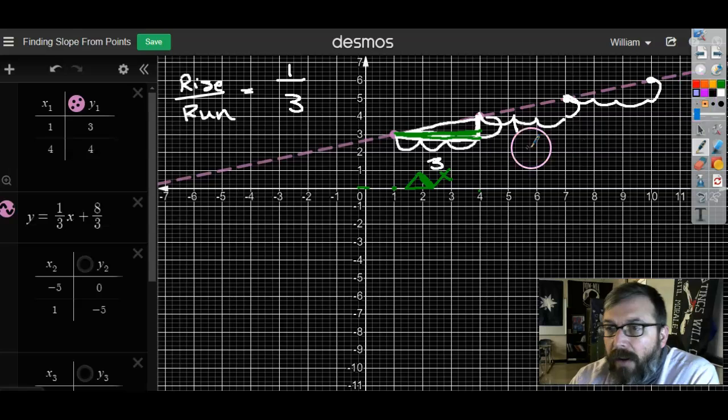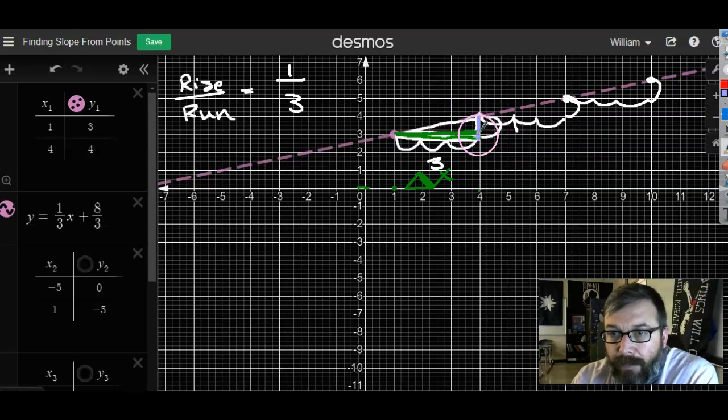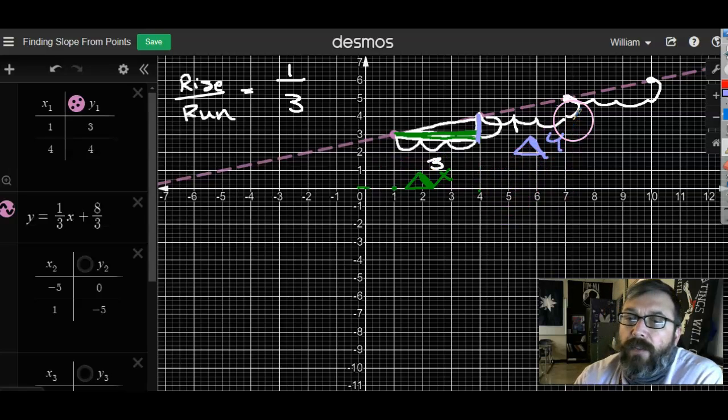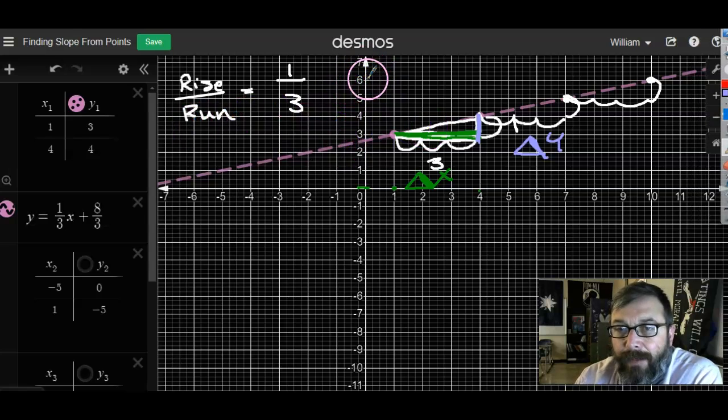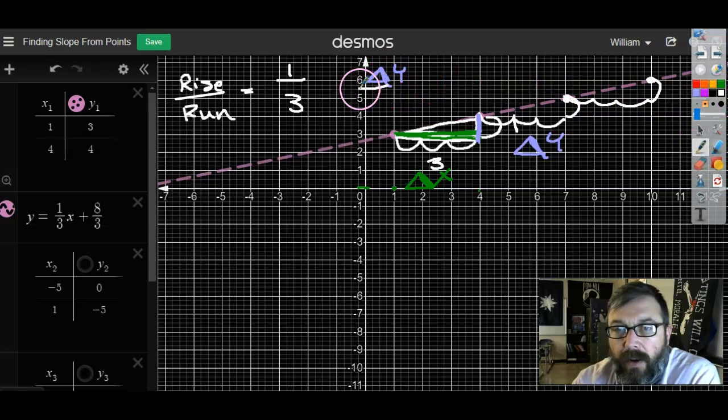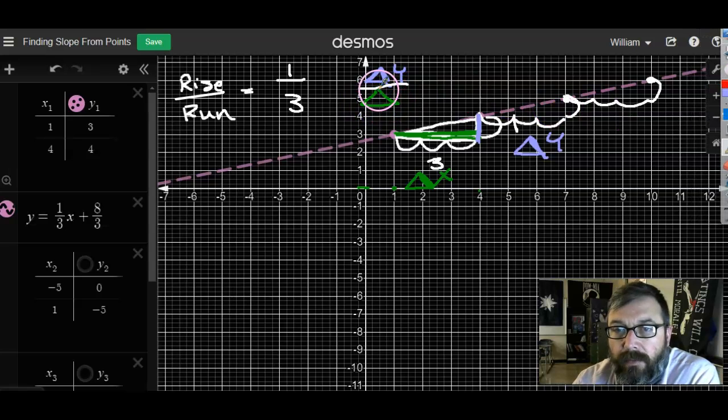And then I'm also measuring the change in up-down. So I want to know the up-down change, which is measuring the delta of y. So if I wanted to represent rise over run, I could also say that it is the change in y over the change in x.